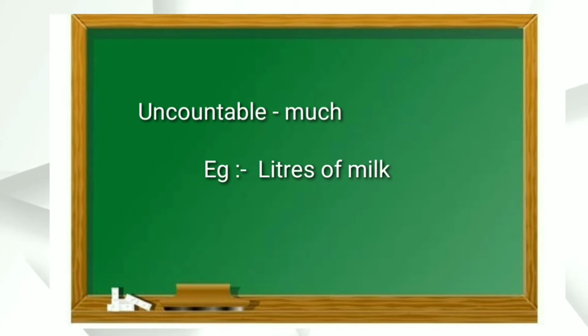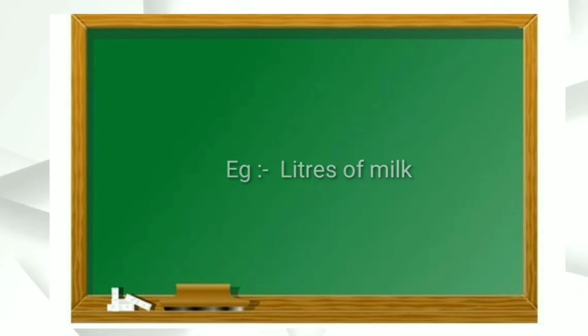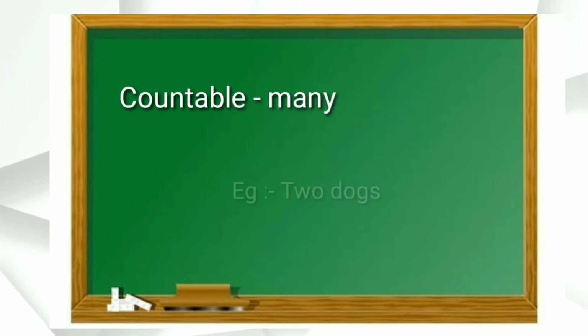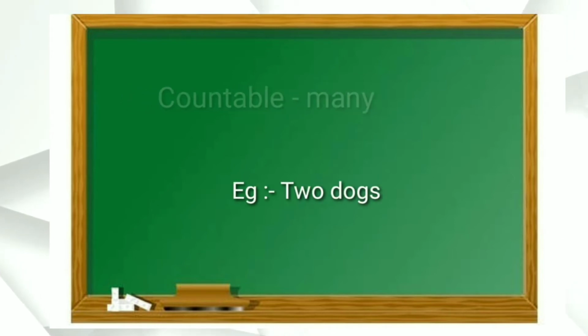Here the word milk cannot be further broken down into smaller units. On the other hand, countable nouns are substances which can be broken down into smaller elements. For example, two dogs. Here the existence of the word two makes the noun countable.